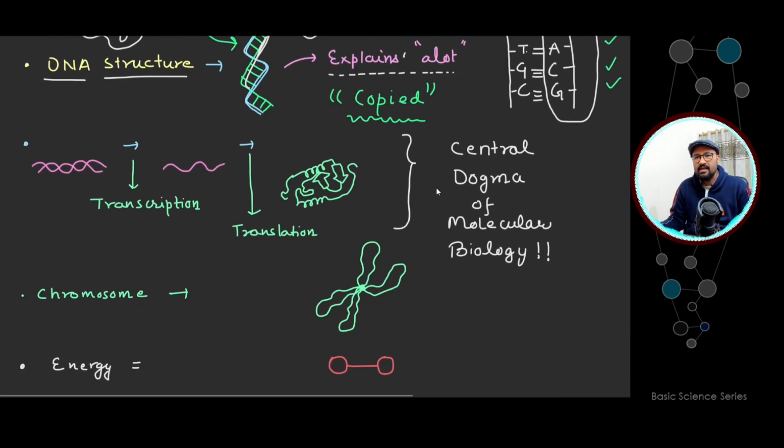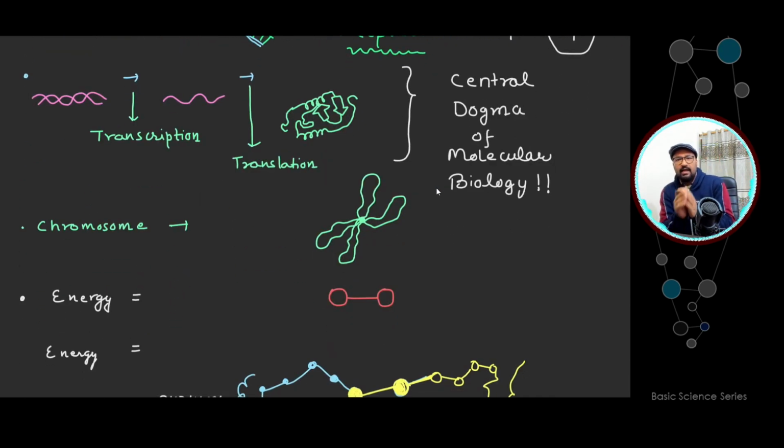Now moving on to the next one: from understanding the DNA, we moved on to RNA, we moved on to protein. We found out that the information is getting transferred from DNA to RNA to proteins. You can see here this is the DNA molecule, and then information is moving.